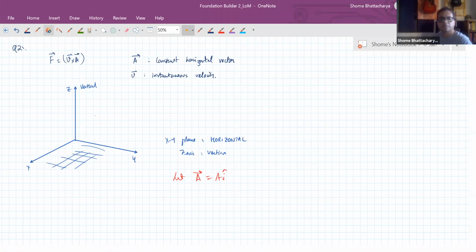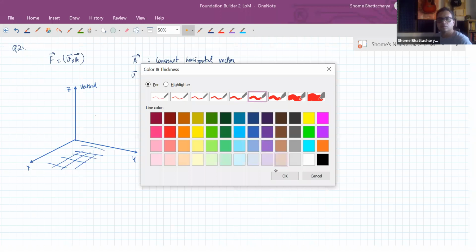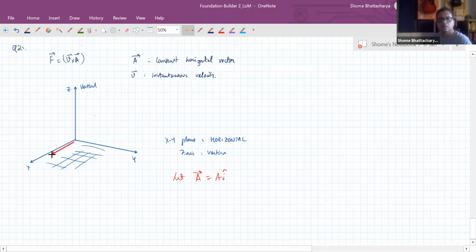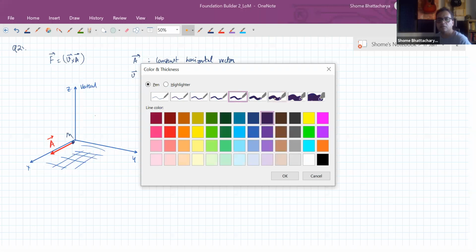So now if I give a particle of mass m somewhere here some velocity, I want that V cross A should be vertically upwards now, because on that particle the weight will be acting vertically downwards like this.